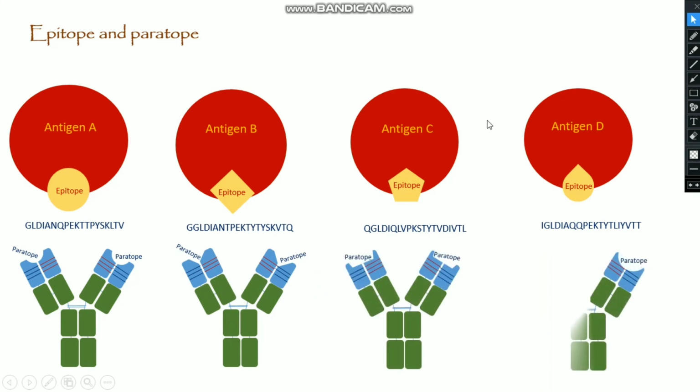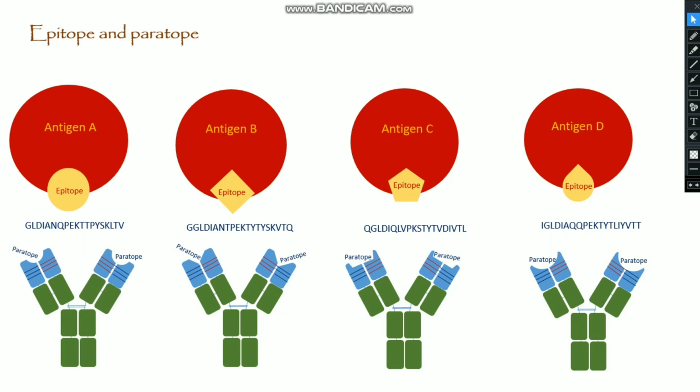So here in all 4 cases there are 4 different kinds of antibody. If we say that this antibody cannot work with this antigen or this antigen, it is always specific only against its own kind of antigen.